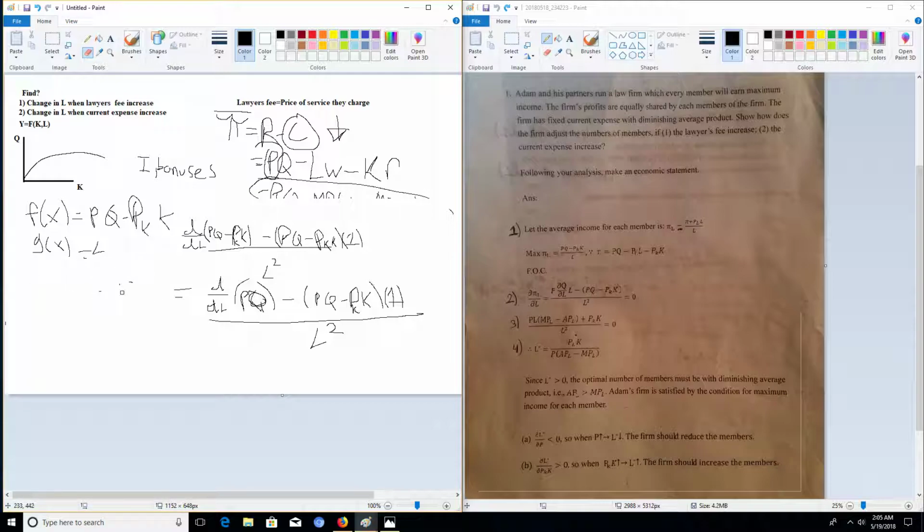Well, first we have to realize something here, which is what the professor did, that this d/dL of PQ is equal to, oh wait, oops. What did I forget?